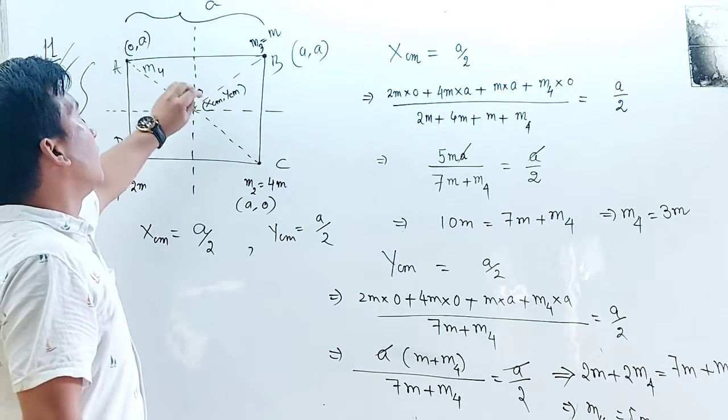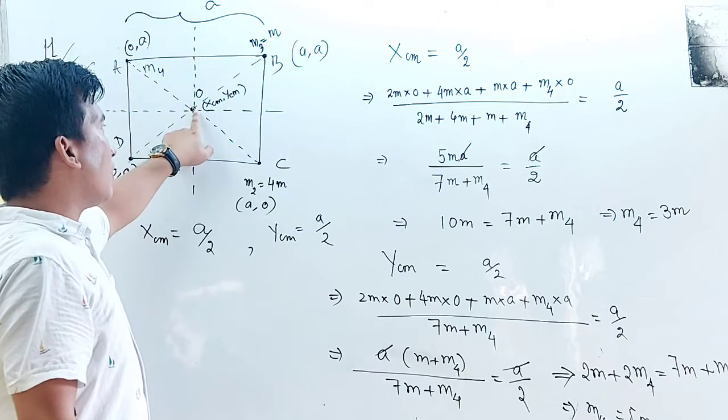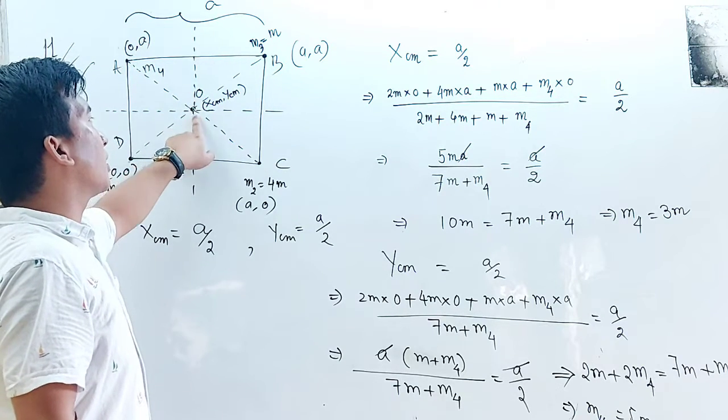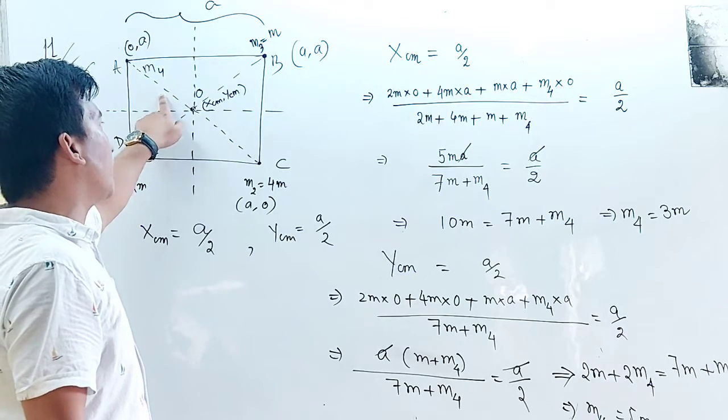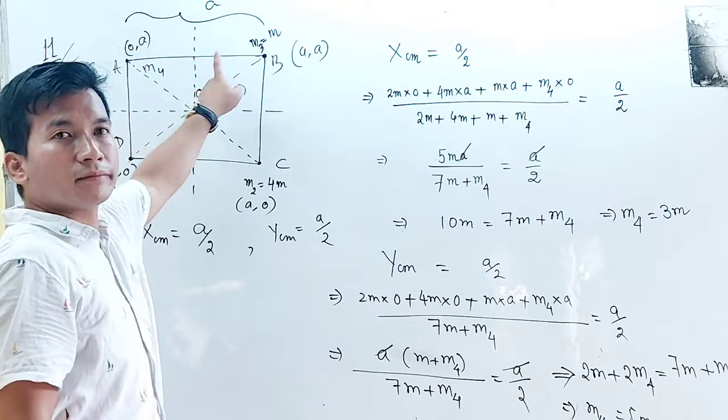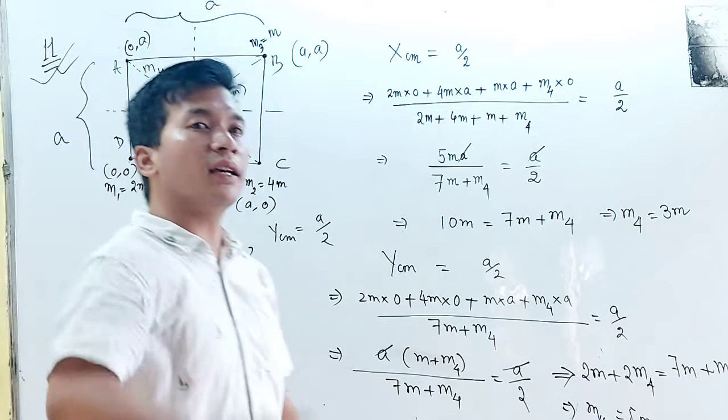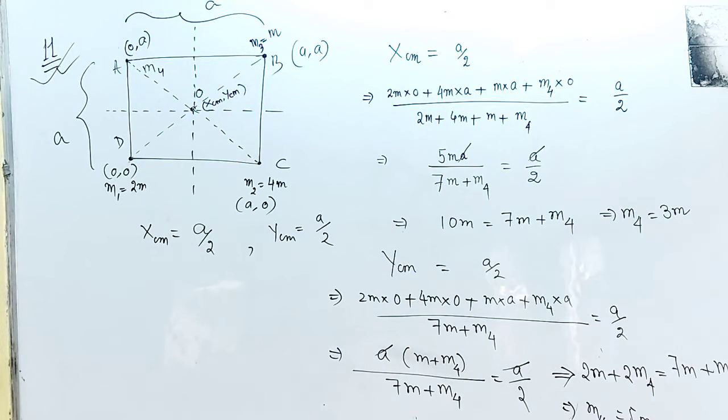Our center of mass cannot be at its center; it may be somewhere else. So our answer will be none of these. Options like none of these make the question seem difficult.